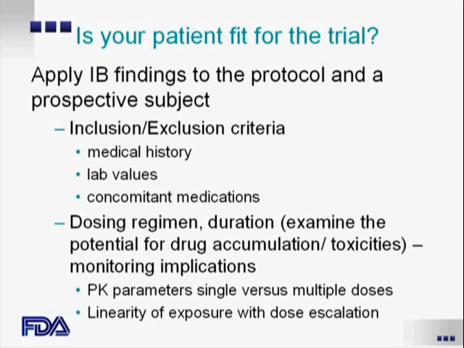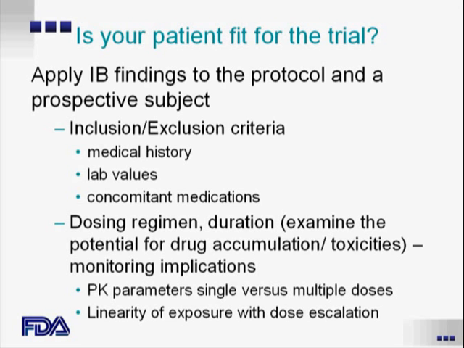You also need to take into consideration the dose, regimen, and duration of dosing, as well as the duration of follow-up. While you're examining the pharmacokinetic parameters of the product, these have particular implications for how you monitor the subject.